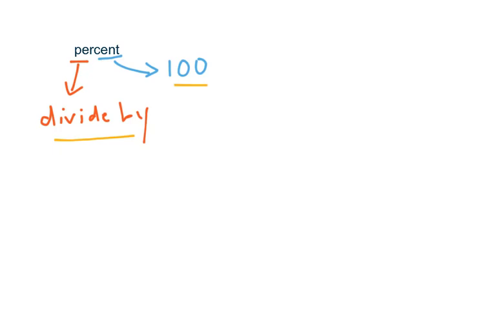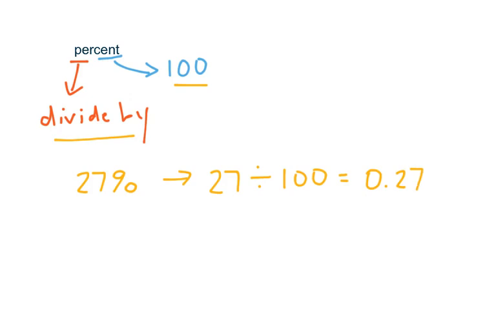For example, if we look at 27%, what that's telling us is that this means 27 divided by 100, which, if we actually perform that division, we get the number 0.27.